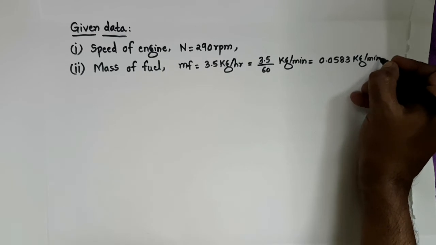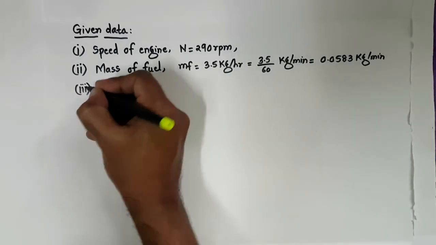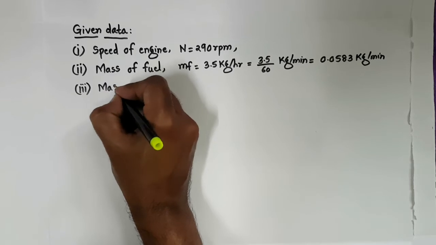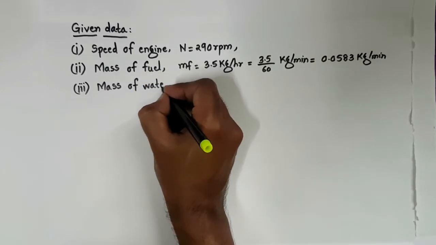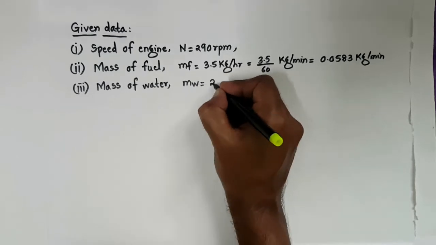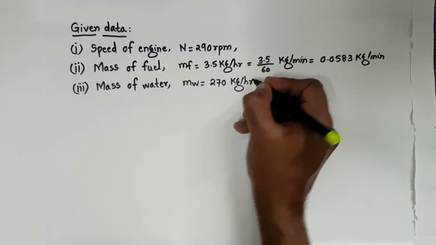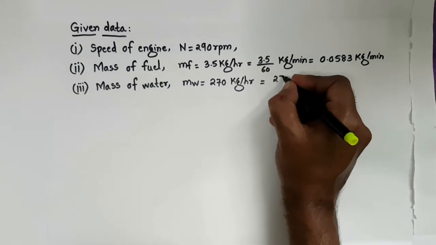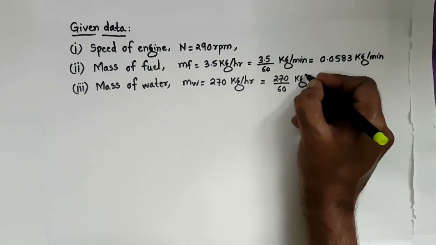Then third thing, mass of water, MW, is equal to 270 kg per hour, which is equal to 270 upon 60 kg per minute.